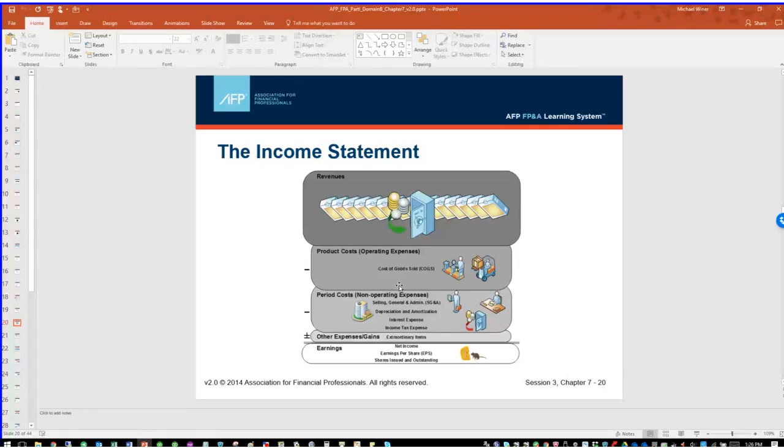So generally you have some sort of revenue minus a cost of goods sold to get to a gross margin. One industry that I've dealt with that doesn't have that format is property management. It is strictly revenues minus costs. And they don't minus period costs, which we're talking about next. So they don't have a cost of goods sold. It's not material. So there are deviations in different industries.